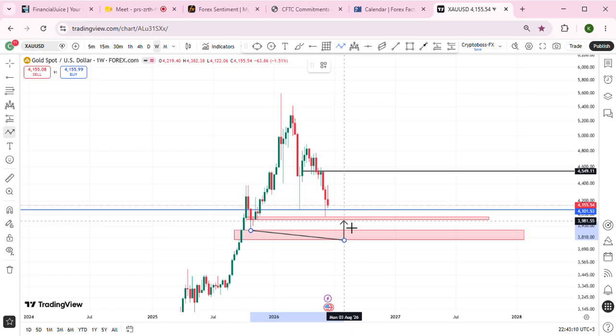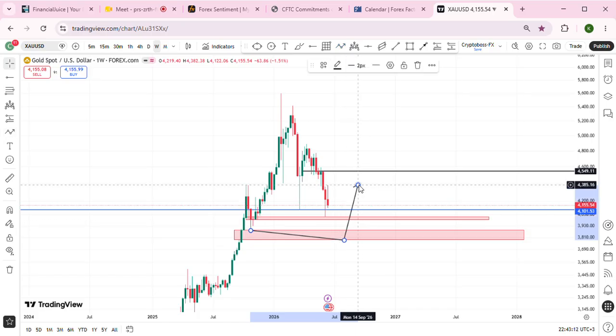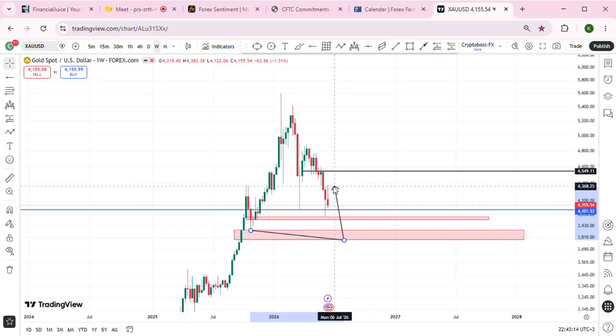So now this is weekly time frame. Again, you can see last week the market went up, and then at some point the market reversed and it closed the week bearish. This is gold. The market closed the week bearish.